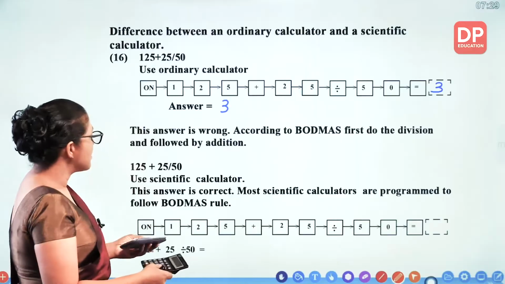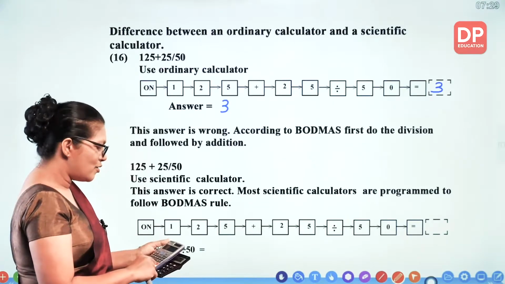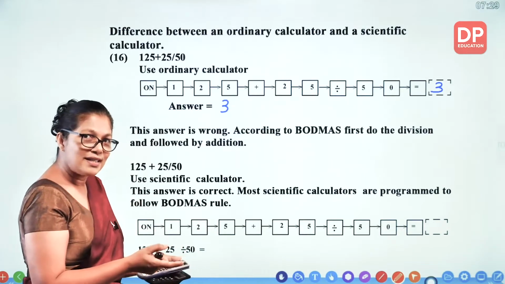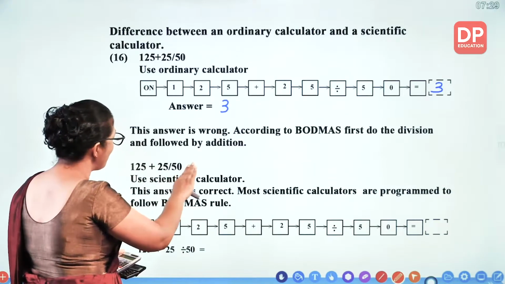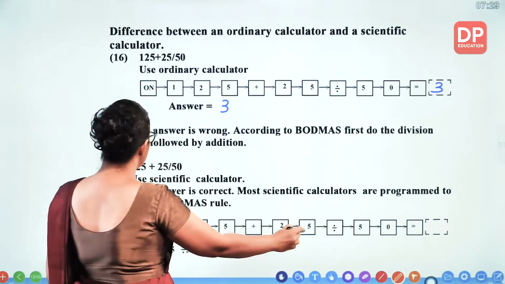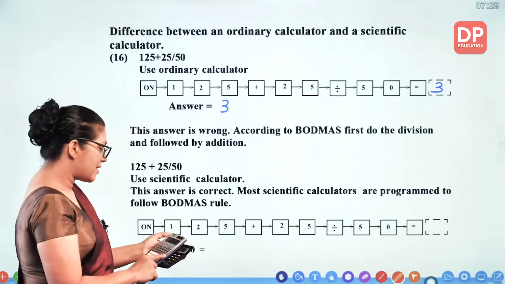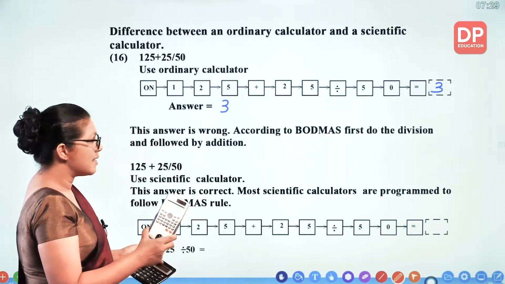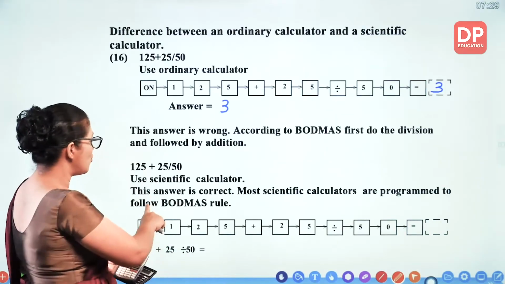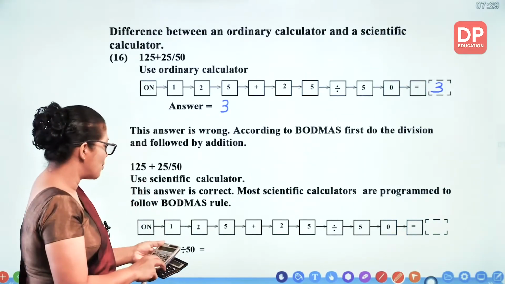But when you use the scientific calculator, you don't need to look at the order. Just perform it this way, 125 plus 25 divided by 50, and I get the correct answer because this calculator is programmed to follow the BODMAS rule.